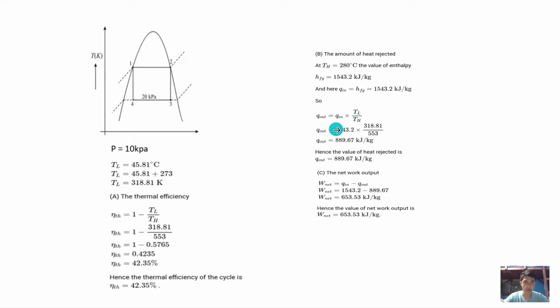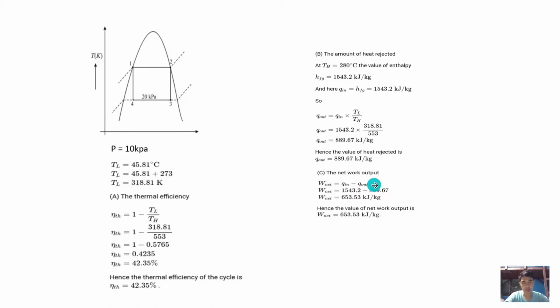So the heat in equals the evaporated enthalpy. Then Q out equals Q in times T-low over T-high. Substituting, Q out equals 889.67 kilojoules per kilogram. That is the heat rejected.